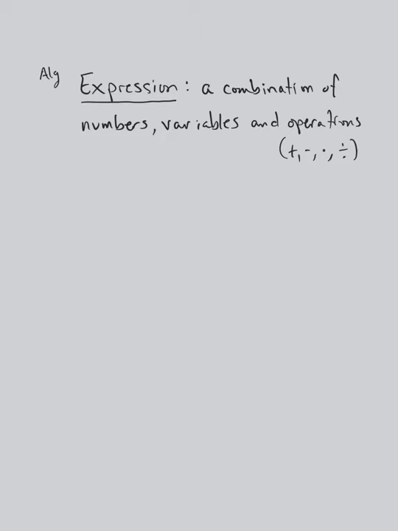And also remember too, there's different ways to write multiplies. We can use the dot, or we can use that juxtaposition idea. And then remember divides, sometimes we write the division symbol, or sometimes we use a fraction bar to do that. An expression would be something like 2x plus 5.